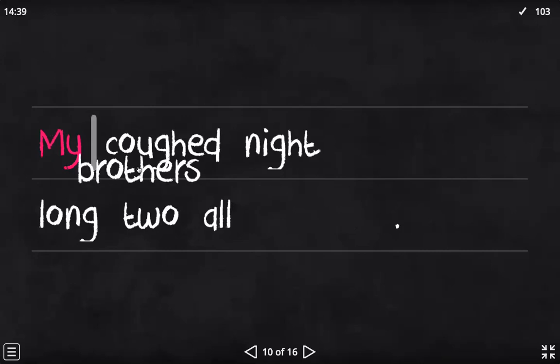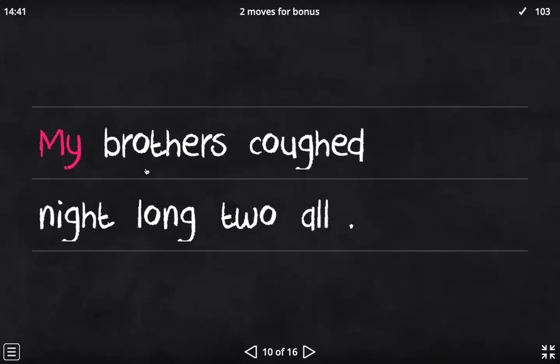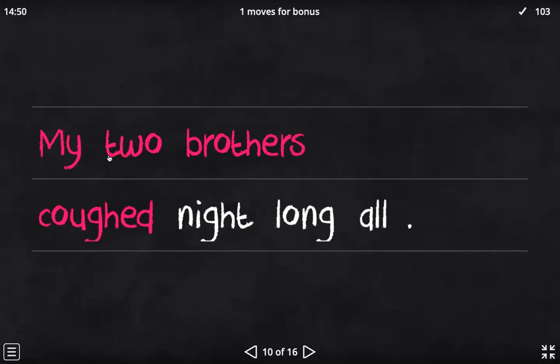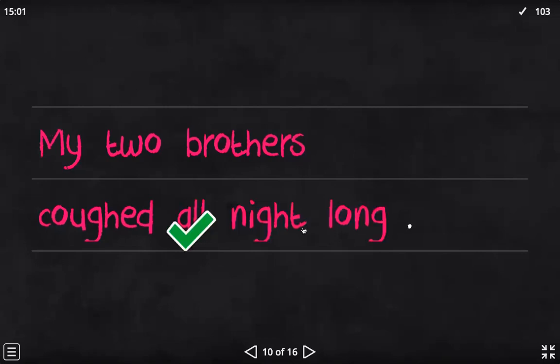My brothers, good. My two brothers, yes. My two brothers coughed. Very good. Mis dos hermanos tosieron. And what are we missing here? All night long. Very good.